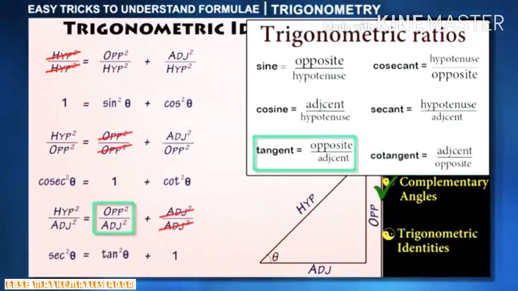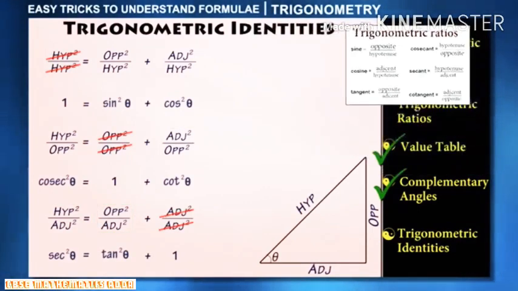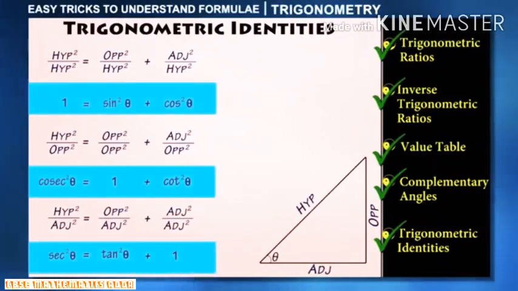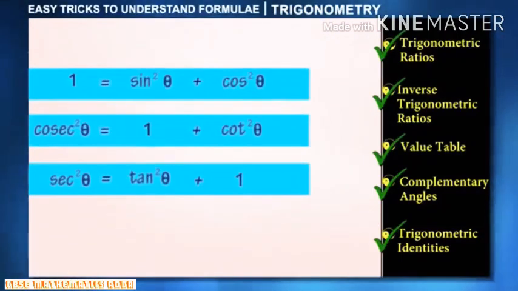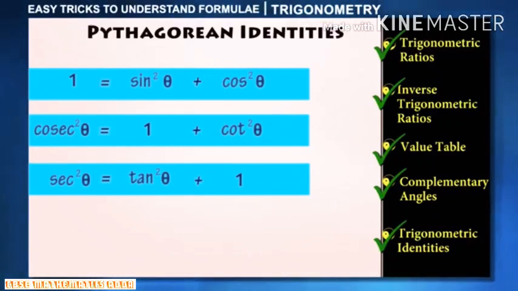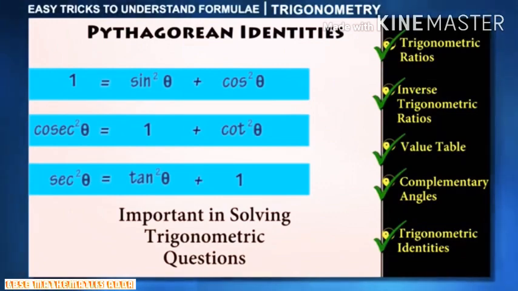So friends, since Pythagoras theorem is the initial step in getting these three identities, these are also called Pythagorean identities. And like all the other formulae of trigonometry, these three are also very important in solving trigonometry questions.